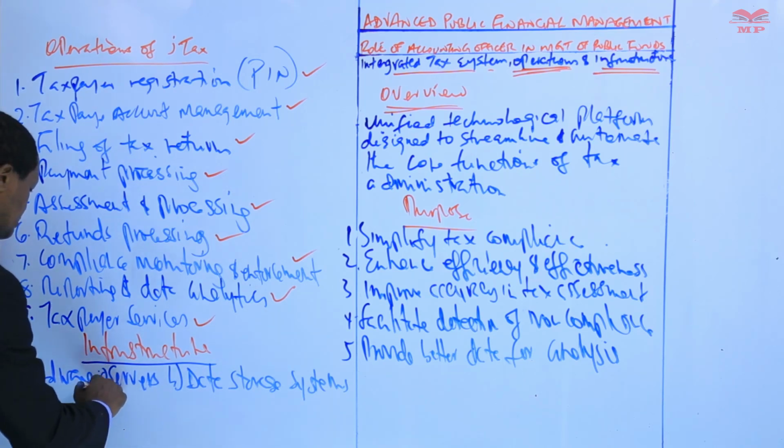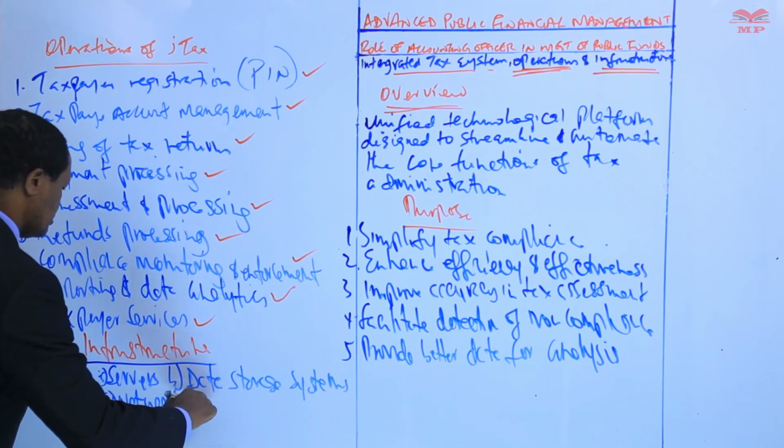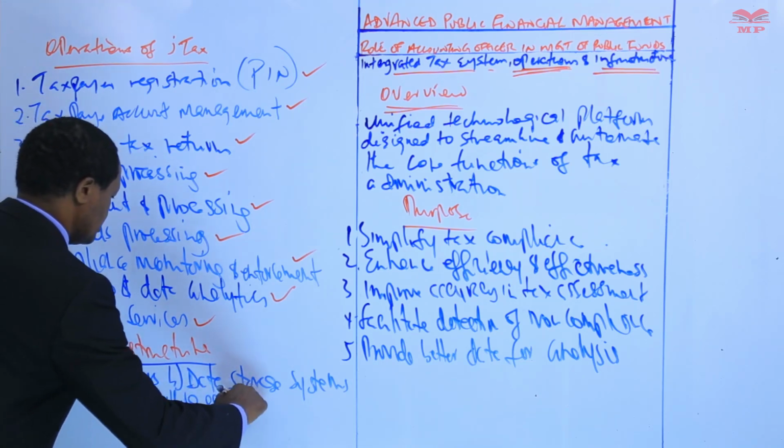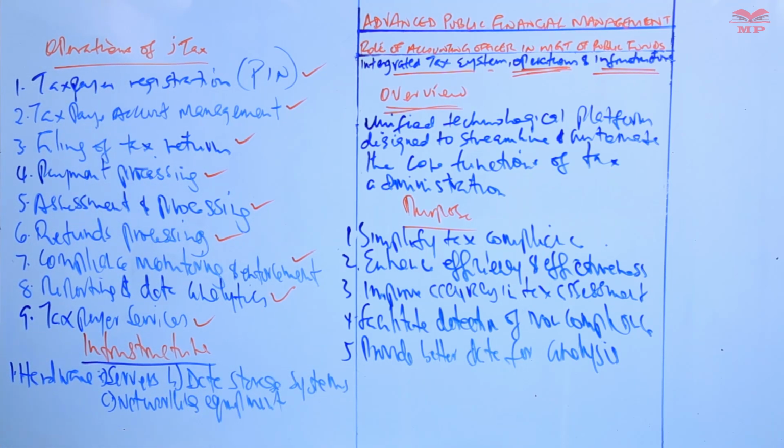C. Networking equipment. These are routers, switches, firewalls, and other networking devices to ensure secure and reliable connectivity within the tax authority's network and with external stakeholders like taxpayers, banks, and other government agencies.